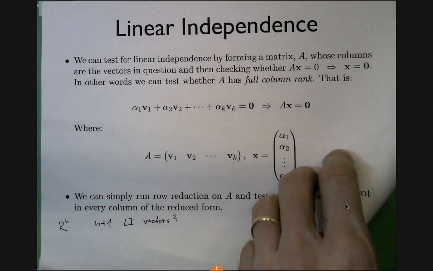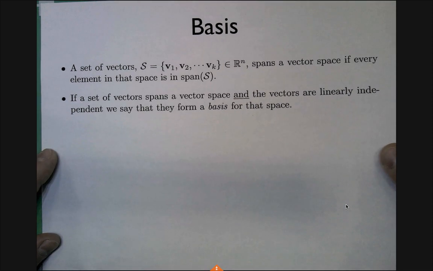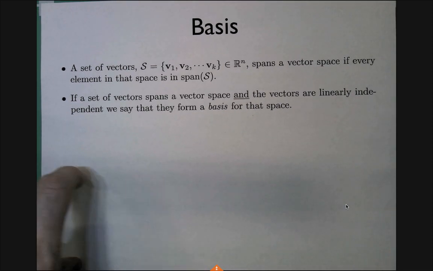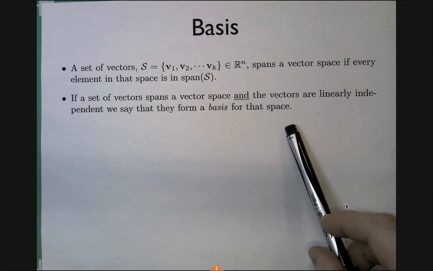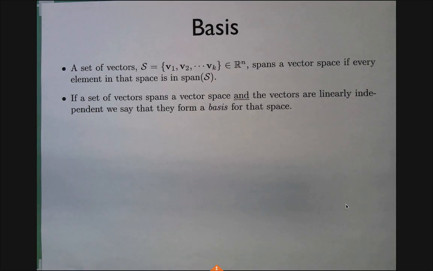Okay, so the concept of basis. I think I talked about basis a little bit before, but we did not have the concept of linear independence. So now we can give a formal definition of what the basis is. Before I was referring to an informal definition of a basis.